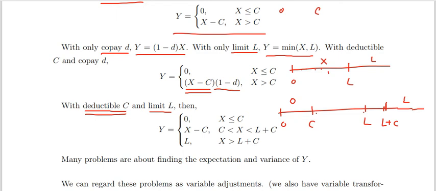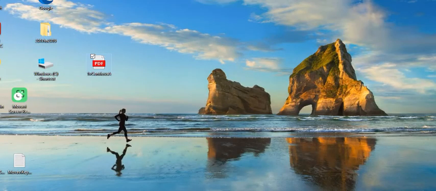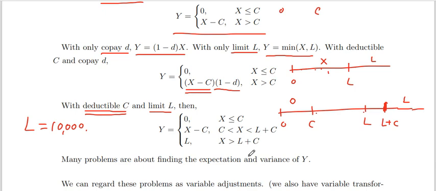You should pay C and all the remaining. Suppose L equals 10,000, the company will pay at most this, and C equals 1,000.